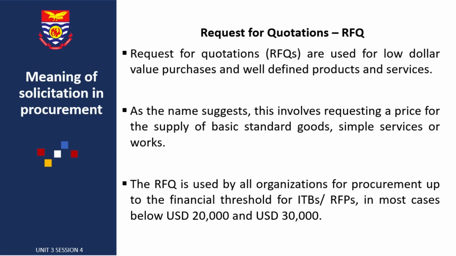Suppliers who have been pre-qualified may send in their quotation, quoting prices of how much these items will cost for the procurement entity to grant them the contract, and hence purchases will be made. The RFQ is used by all organizations for procurement up to the financial threshold of 20,000 to 30,000 US dollars. In this case we use the dollar, as per the book.